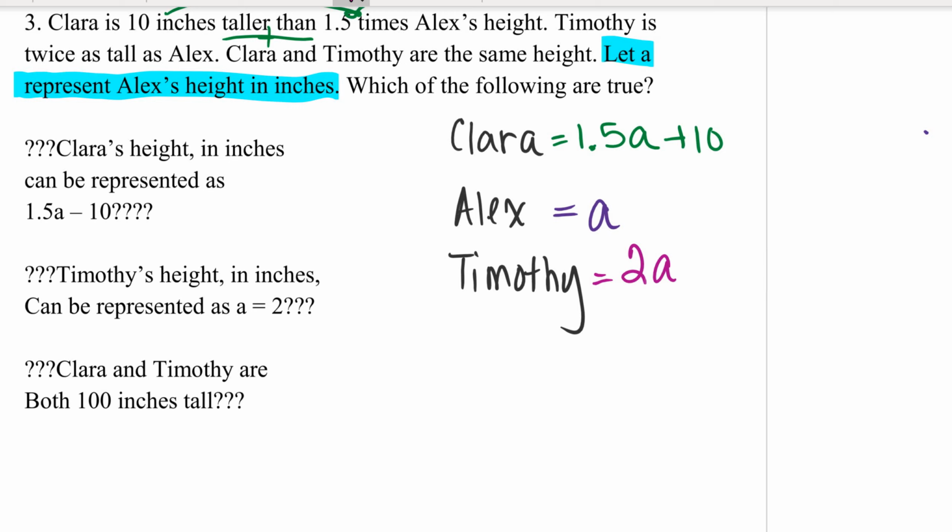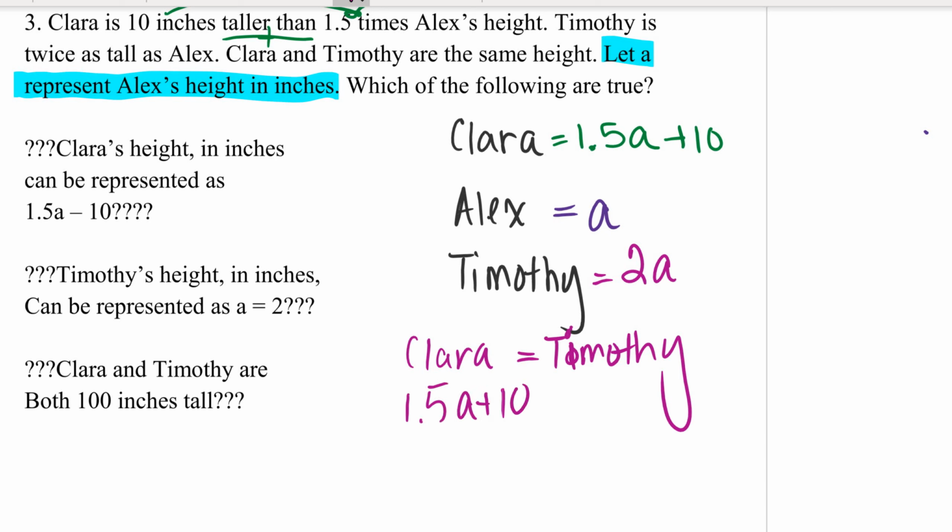So I'm going to say Clara is equal to Timothy. So Clara is 1.5A plus 10. So we're going to say 1.5A plus 10 is equal to, and Timothy equals 2A.